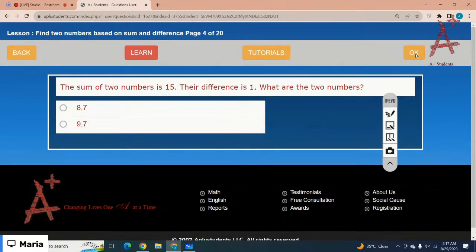Option 1 or 2? That would be 8 and 7, right? Because when you add them, 8 and 7 makes 15, and when you calculate the difference, the answer is 1. So it would be 8 and 7.